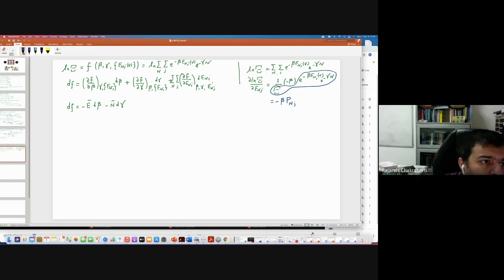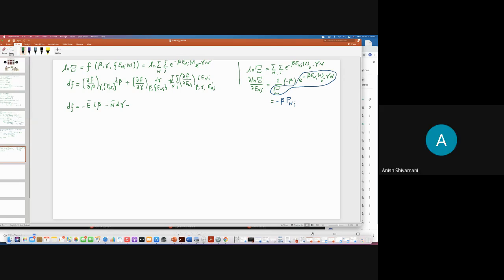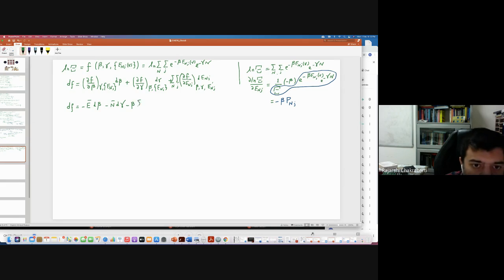So then what is the third term? The third term is going to be minus beta times sum over n, sum over j, p nj times d e nj. Fine? Is this fine?